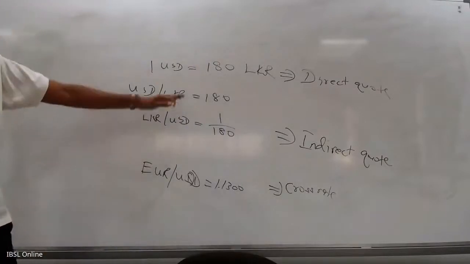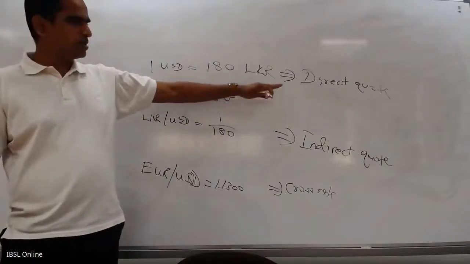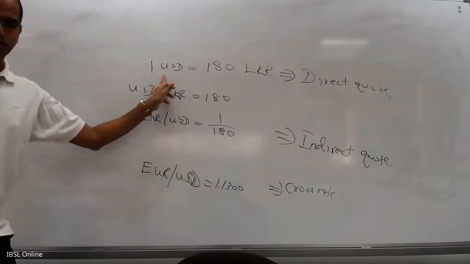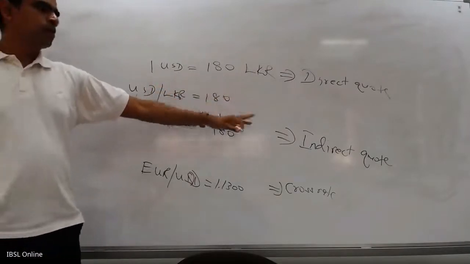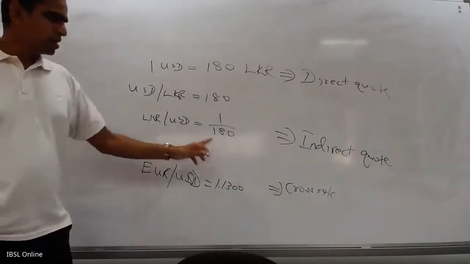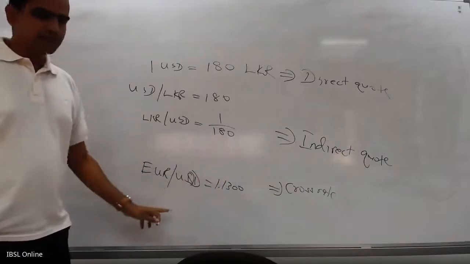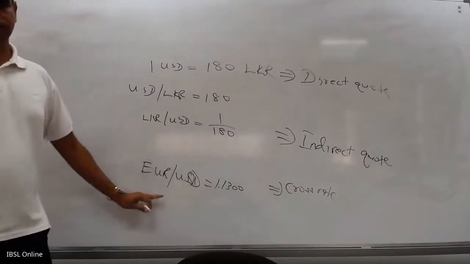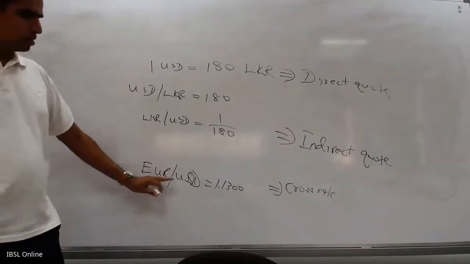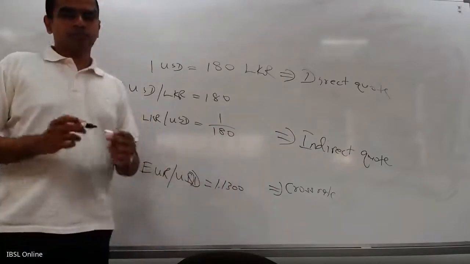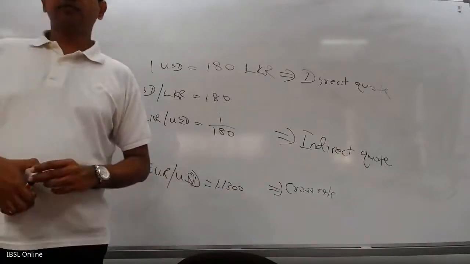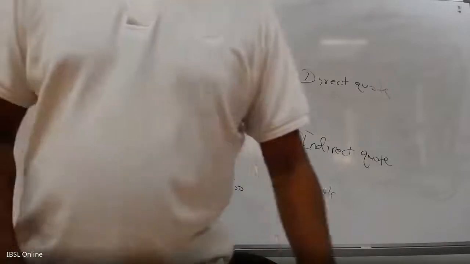And so you have three kinds of quoting methods. One is direct quote: you quote 1 unit of foreign against local. Indirect quote is 1 unit of local against foreign. Cross rate, there is no local currency involved. So these are the 3 ways of quoting exchange rates. So I hope it's clear up to now.